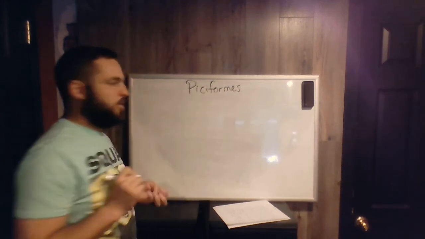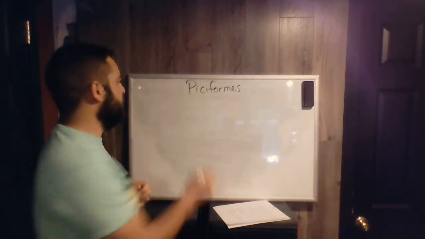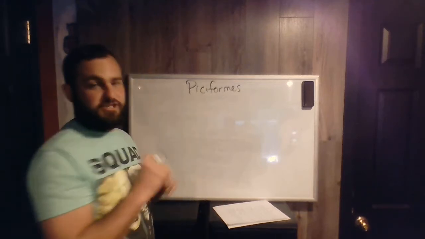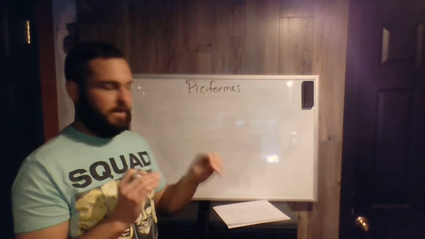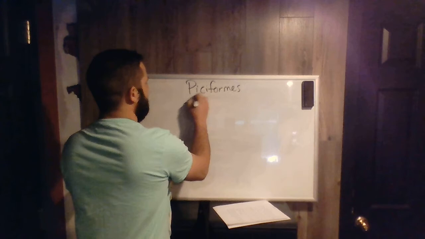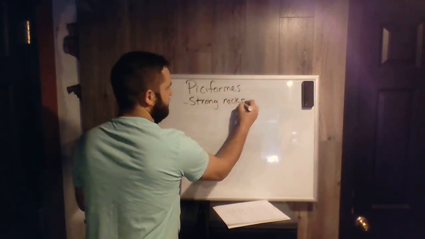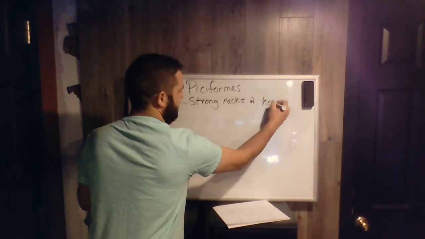The next one we're going to talk about is Piciformes. Piciformes, easy to remember. Okay, again, it ends in formes. Just think of the word pick. Okay, pick. Some of the characteristics of this particular bird is they have strong necks and heads.